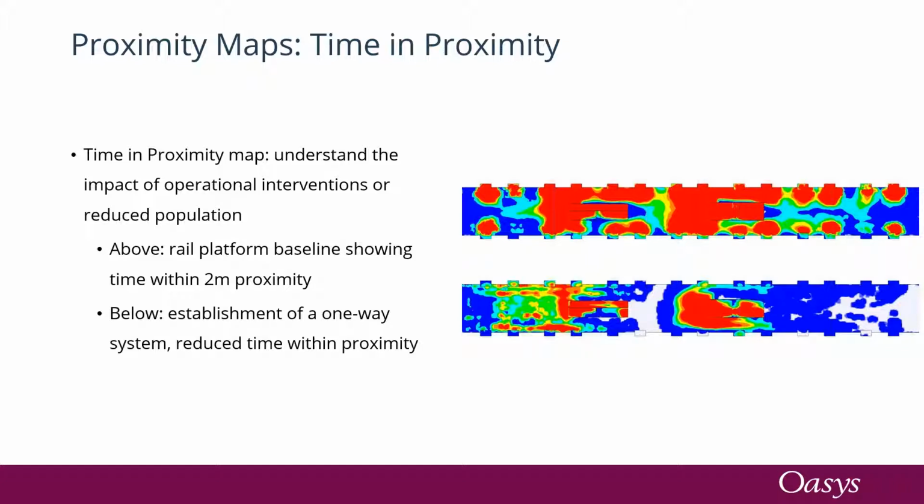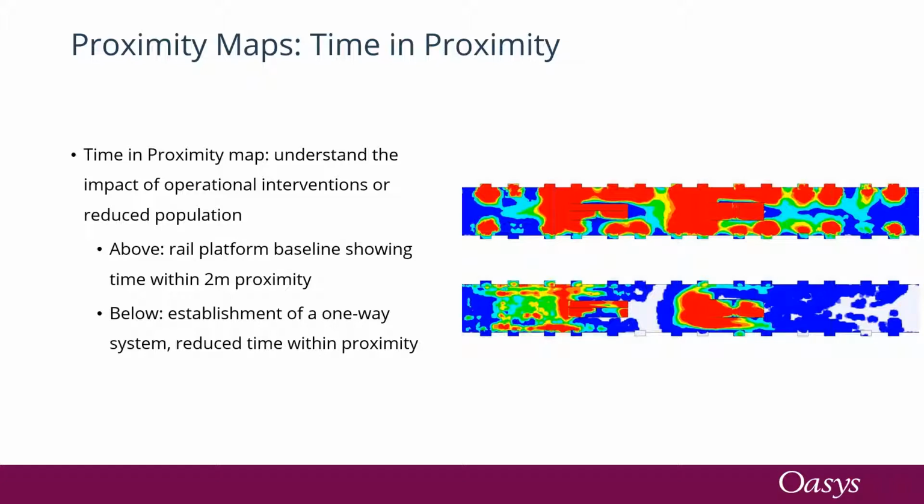And so what we see here is, with keeping the population consistent, what happens if you institute a one-way system to reduce cross flows along a platform environment? And so on the top, we have a business as usual where you have a lot of free flow movement and things like that. So all the areas in red are where people are spending more than 5 minutes cumulatively within 2 meters. The one on the bottom is what happens if you basically institute one of these one-way systems.